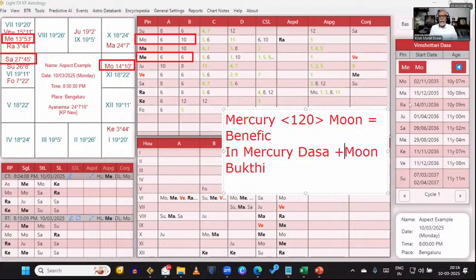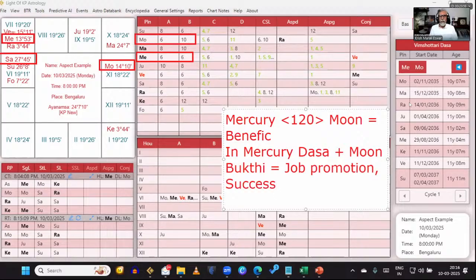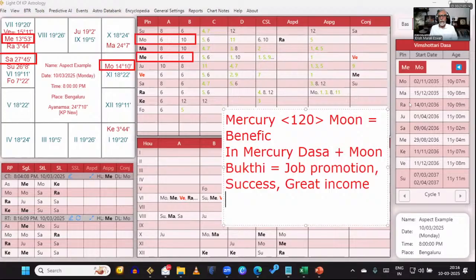So in Mercury Dasa, Moon Bhukti, job, promotion, success, great income, everything will come. Why? As you can see, Moon is signifying 6, 10, 11, a little bit of 5 also.